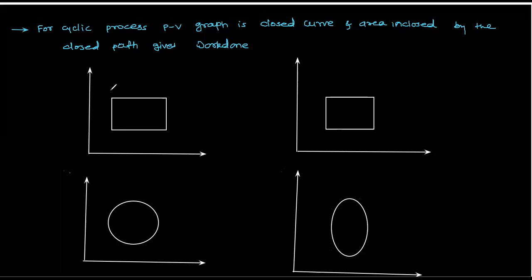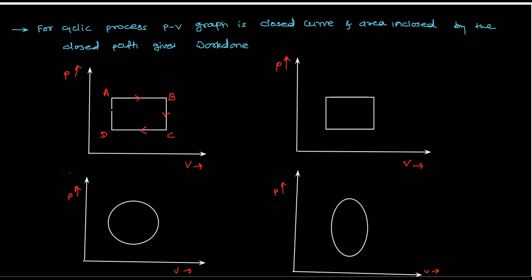Now I'm giving some names. A, this is B, obviously this side is P and here is V, because all are PV graphs. Pressure on the y-axis, volume on the x-axis. Now A, B, C, D, and this is the direction.